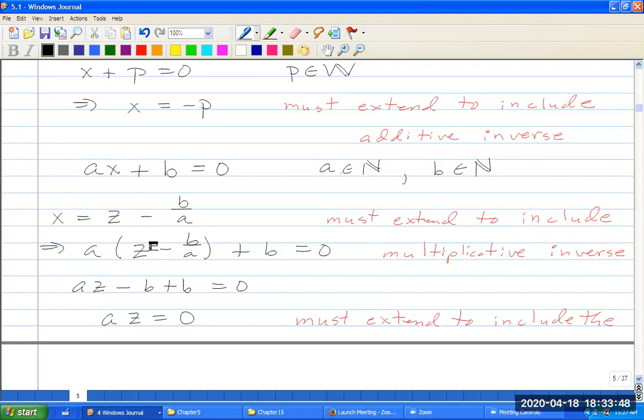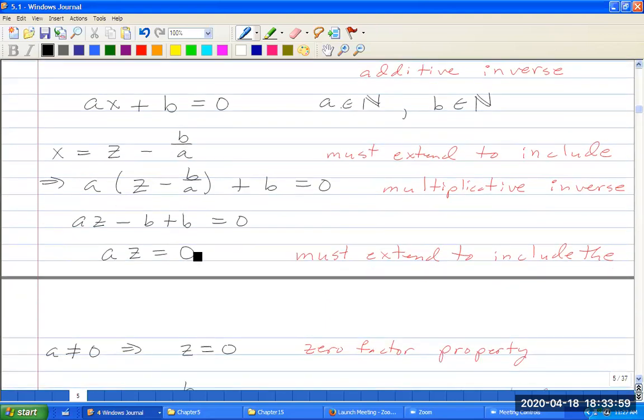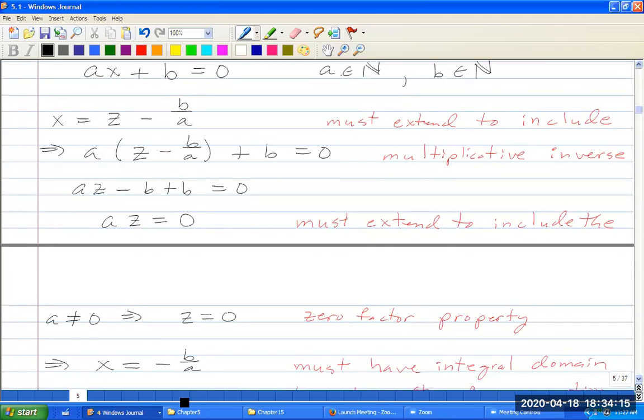The a's cancel, so you get a minus b. The b's cancel, so you get az equals 0. Well, either a is 0 or z is 0. Let's assume that a is not 0.